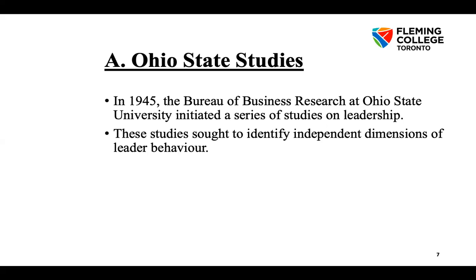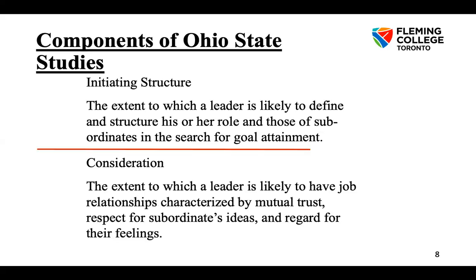So here is the Ohio State studies. In 1945, the Bureau of Business Research at Ohio State University initiated a series of studies on leadership. These studies sought to identify independent dimensions of leader behavior. What are the components?